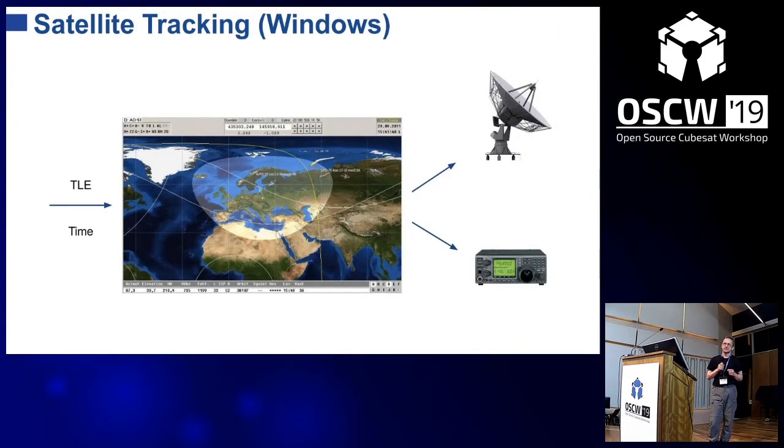When we talk about satellite tracking, those of you who have been around long enough probably started with a Windows PC running a Windows satellite tracking application that had direct support for some antennas and a radio transceiver device. This was very good, except that it couldn't really be reconfigured in an easy way.